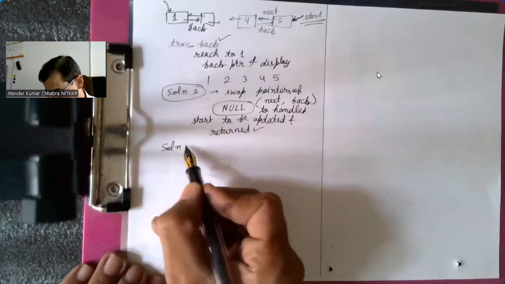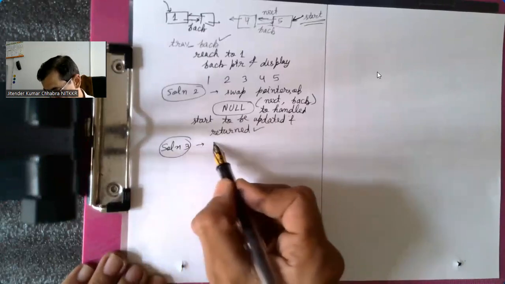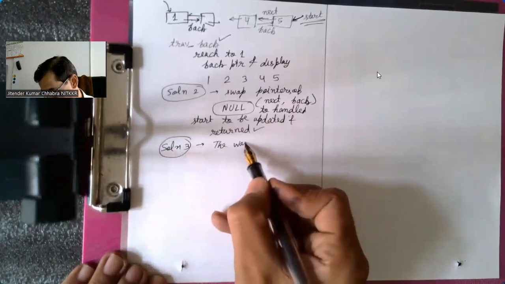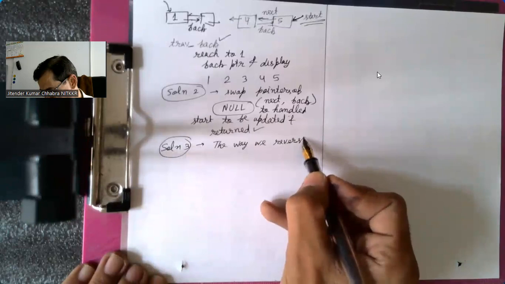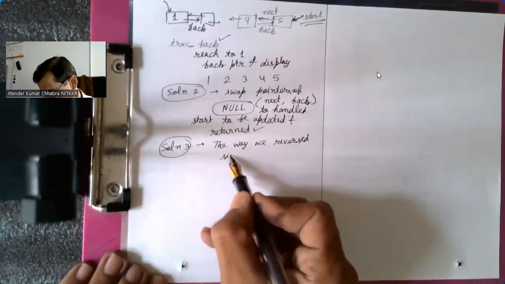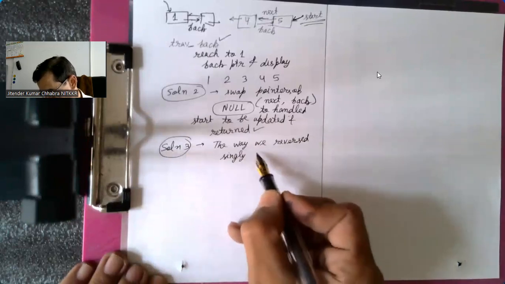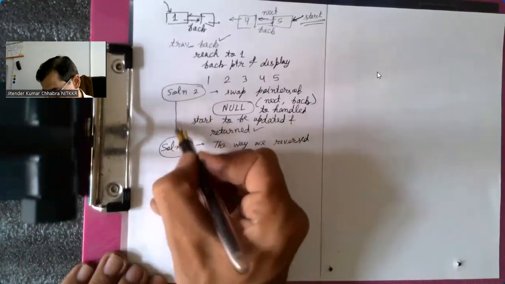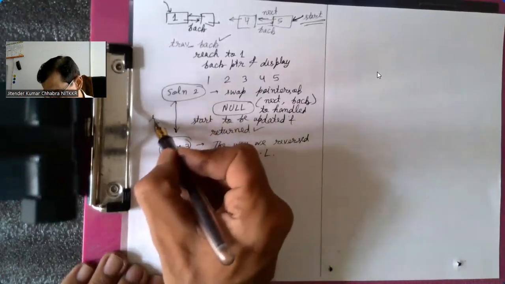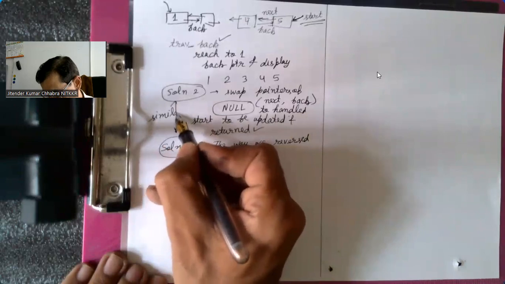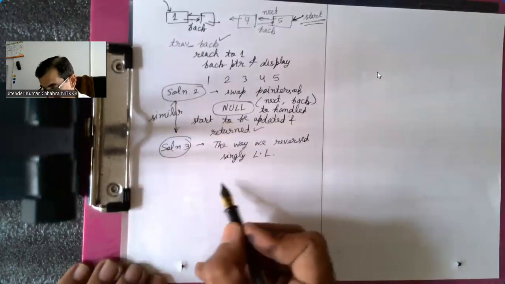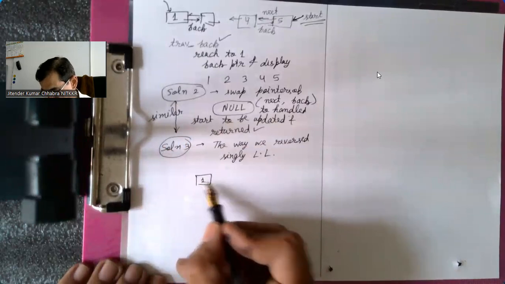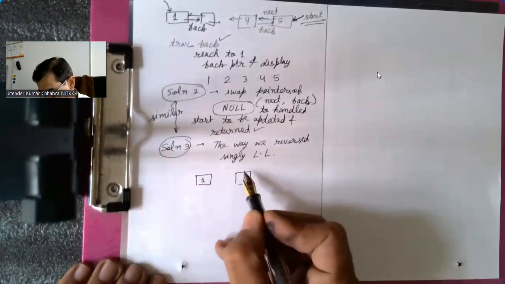Solution 3. The way we did with linked list. Effectively the same logic to be used and the same process you could follow. More or less, these two are similar, but the methodology is different. In case of solution 2, I'm swapping. Here I'm not swapping. Here I will say this is node 1. This is node 2.